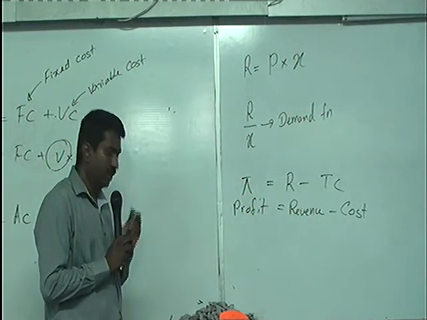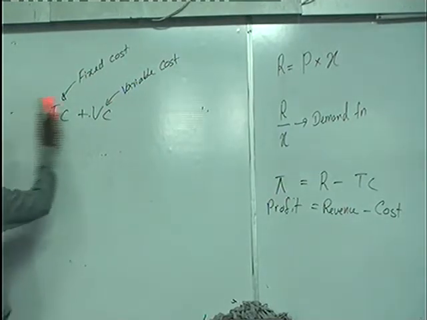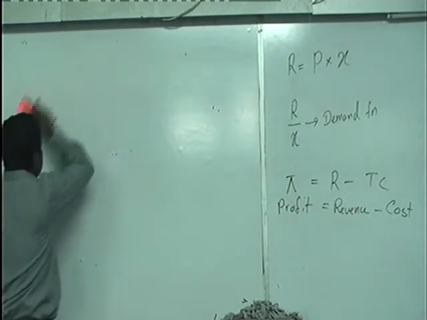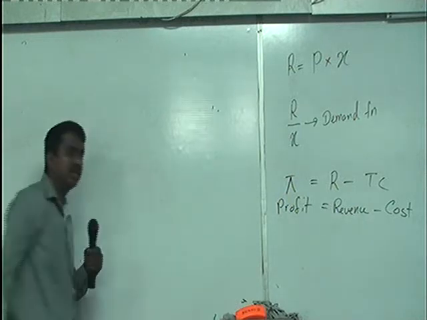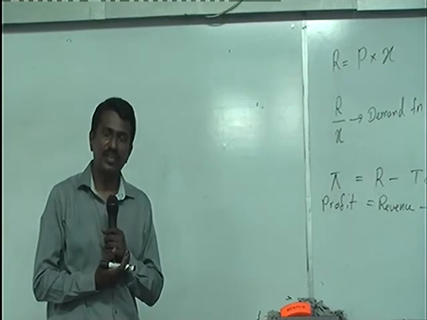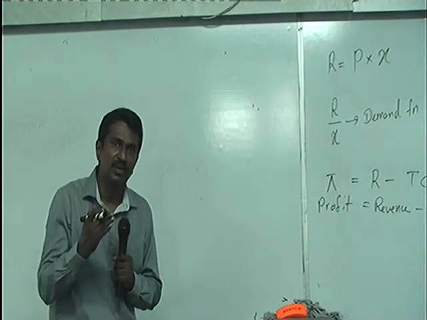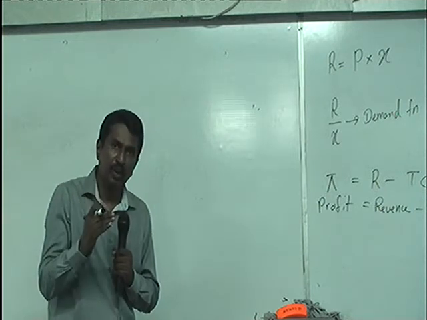Now, in the application part, we are going to do some computations here. You may have heard in economics something called marginal cost. What is the marginal cost? Marginal cost is the cost increment at a given point.